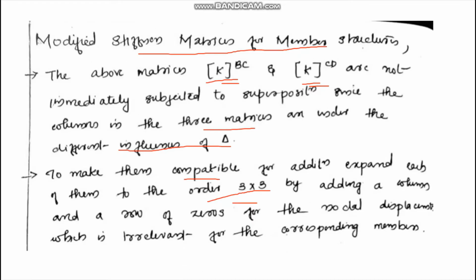So we have to find the modified stiffness matrix for the member BC. Since BC has the effect of delta 1 and delta 2 and the delta 3 value is absent, we have to provide a row and a column of zeros and form a 3 into 3 matrix. This step is the same in the case of member CD.